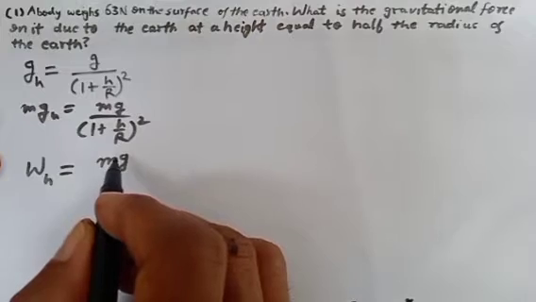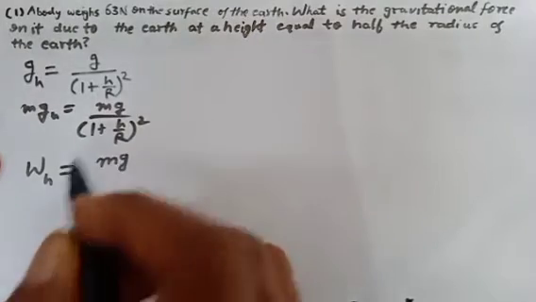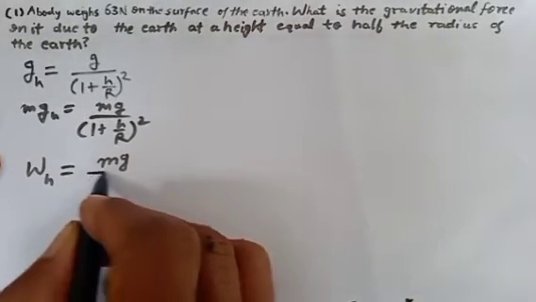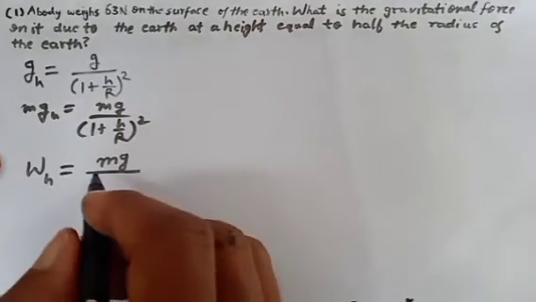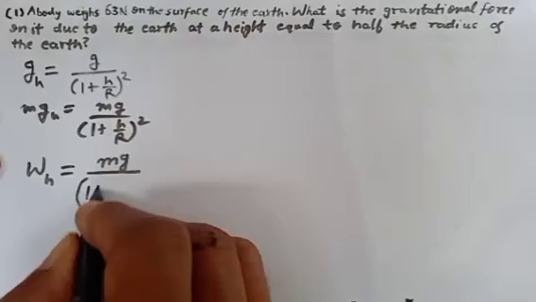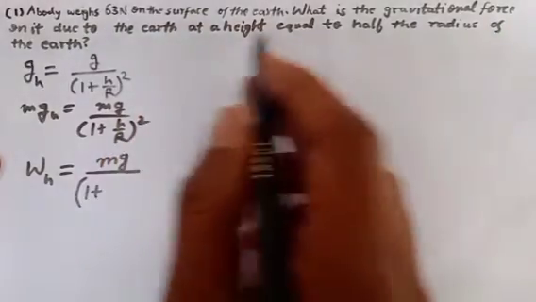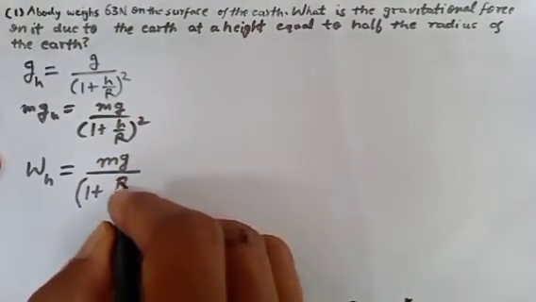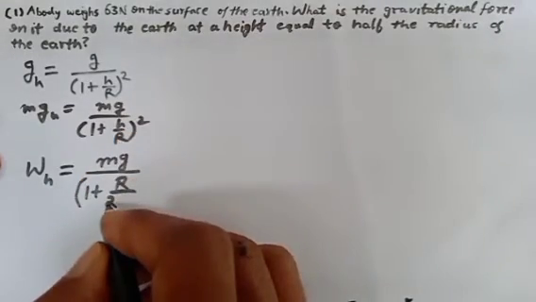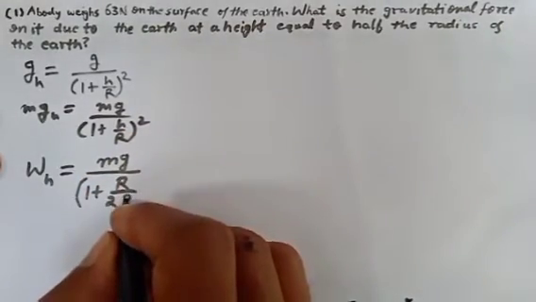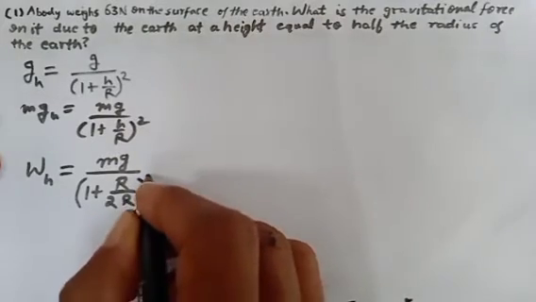In fact, I can write here W. On next step I will write W, that is weight of that body on the surface of earth. And here it will be 1 plus h is half of the radius of earth, so h equal to R by 2, and R is also there, square.